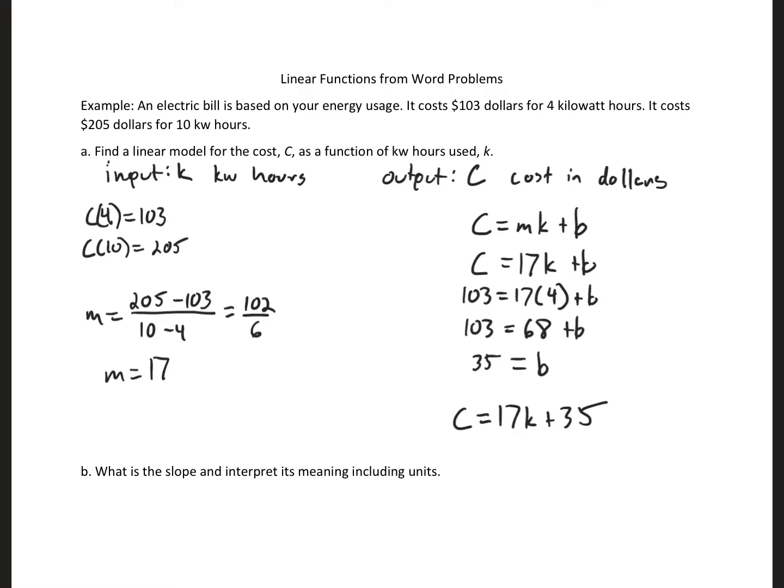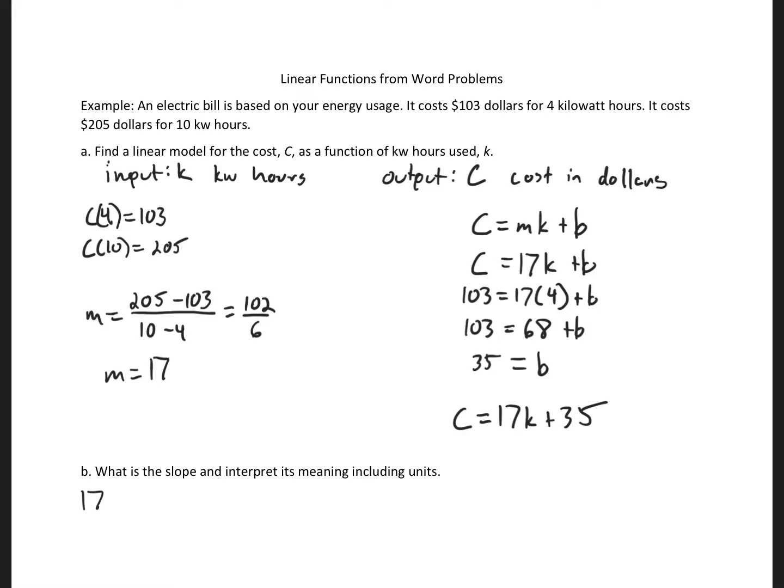So let's talk about those parts of the function, what they mean. The first thing we want to interpret is the slope, which is 17. The slope, or the rate of change, will tell us the change in output we expect when we increase the input by 1. We're outputting dollars and we're inputting kilowatt hours.